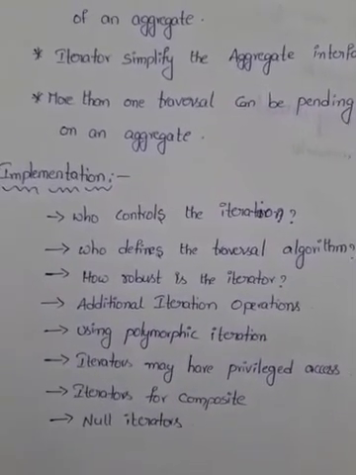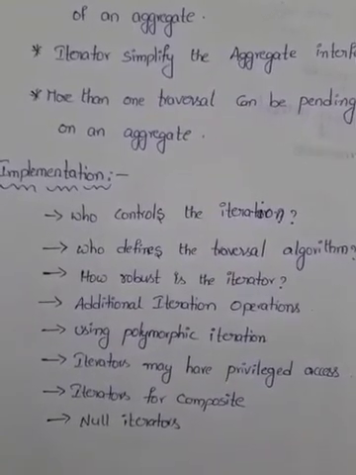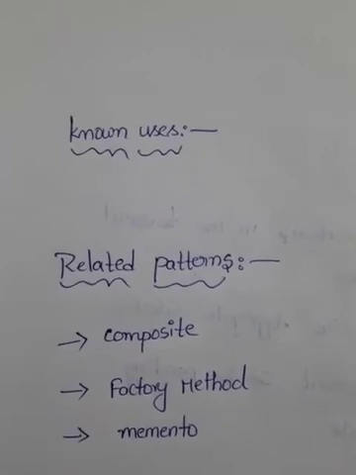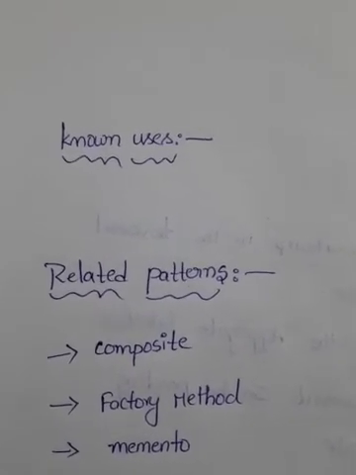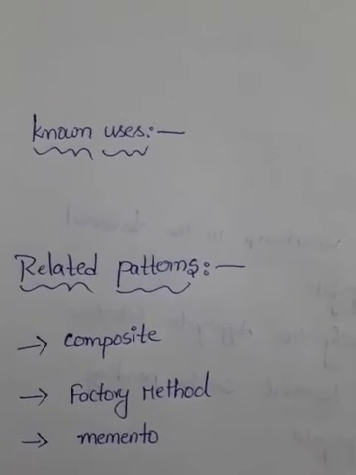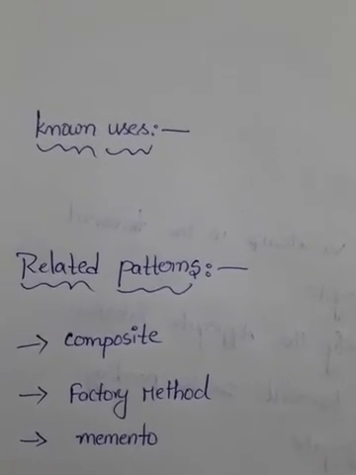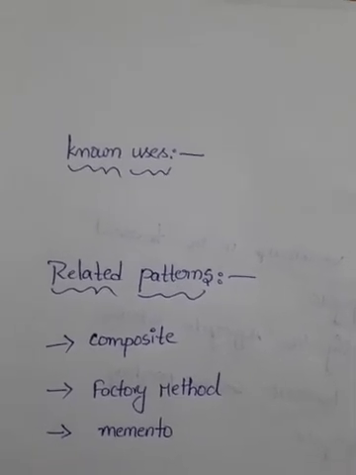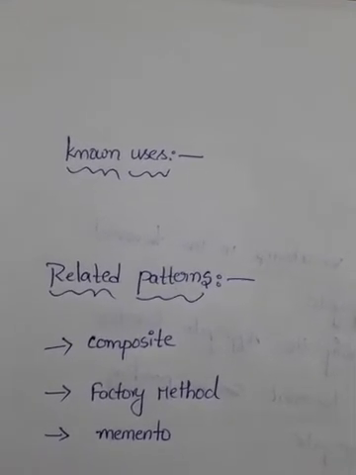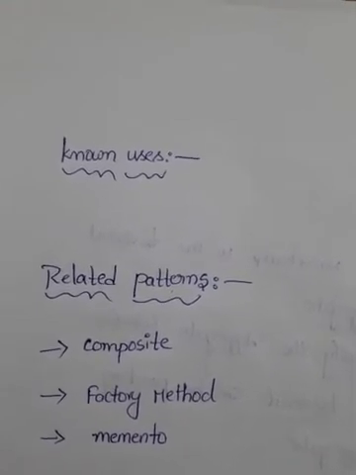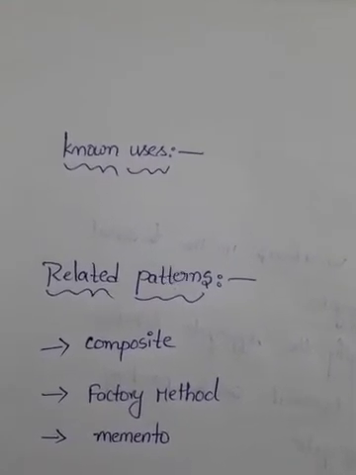And the next template is known uses. As we said, this iterator design pattern is mostly used by .NET and Java developers, in .NET programming environments and by Java developers. So, these are the 2 main important known uses we can say under this iterator pattern. Iterators are common in object oriented systems.